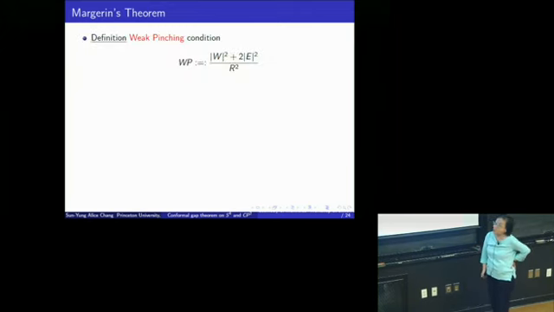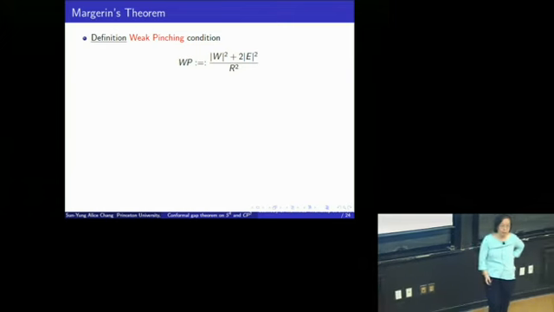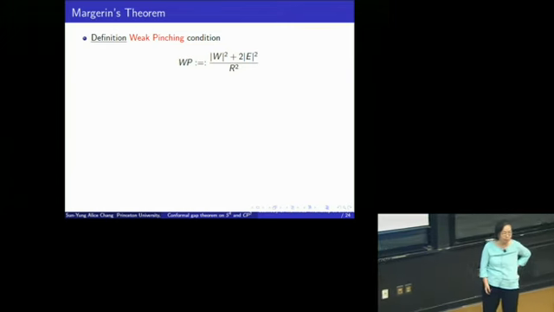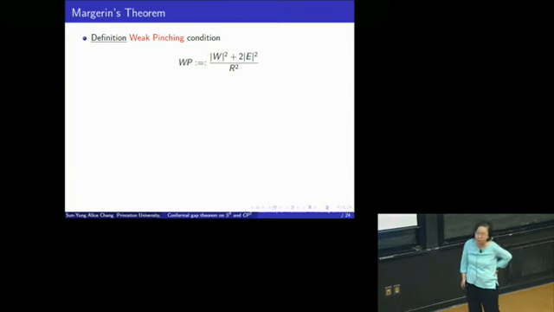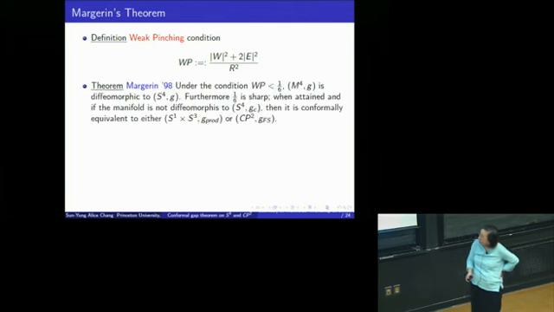So he considered a condition called the weak pinching condition. The weak pinching condition is the norm of Weyl squared plus 2 times E squared, divided by the scalar curvature squared. His theorem is the following.